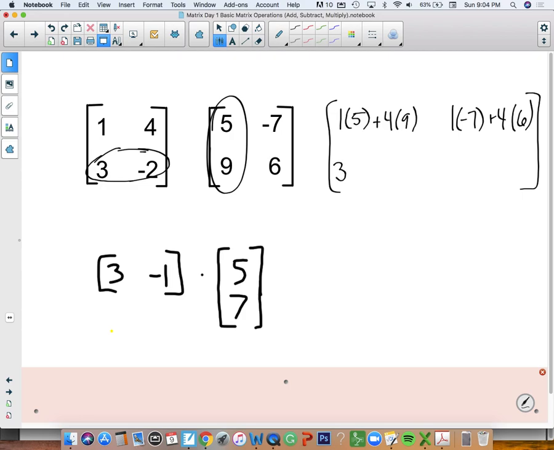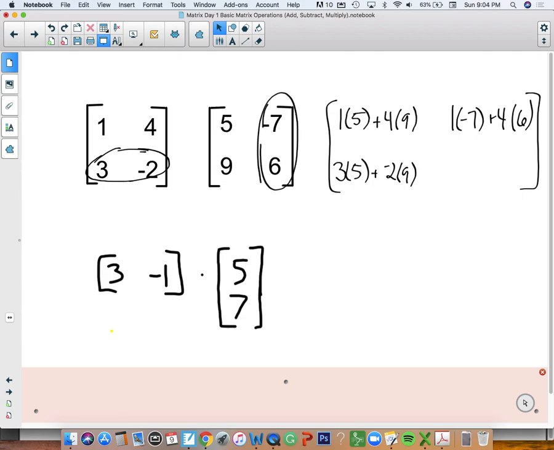So 3 times 5 plus a negative 2 times a 9. And then the next column here, 3 times negative 7 plus a negative 2 times 6.